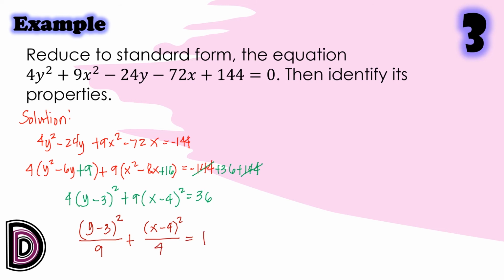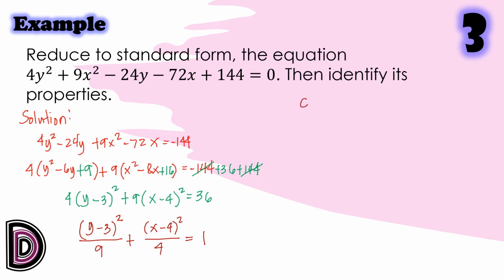We now have the equation of the ellipse in its standard form, and since 9 is in the denominator of y minus 3 squared, we have an ellipse whose major axis is parallel to the y-axis.